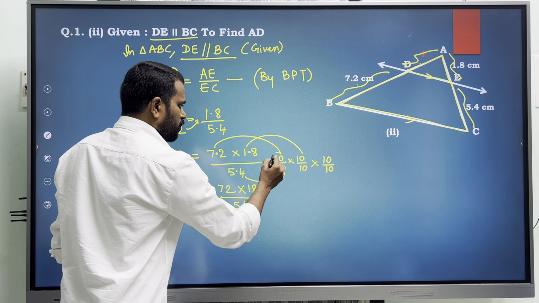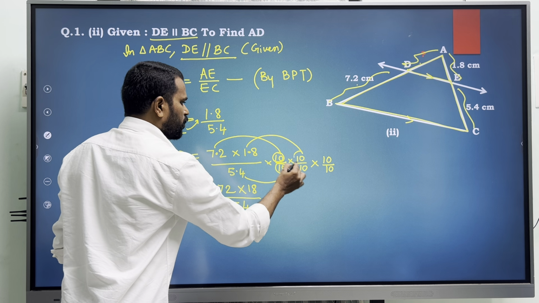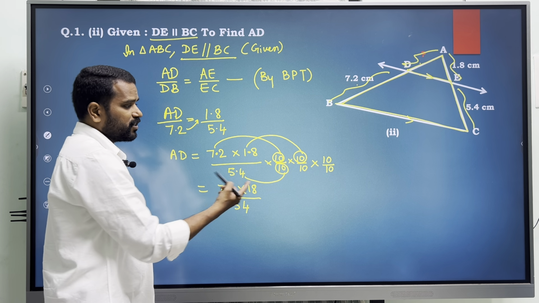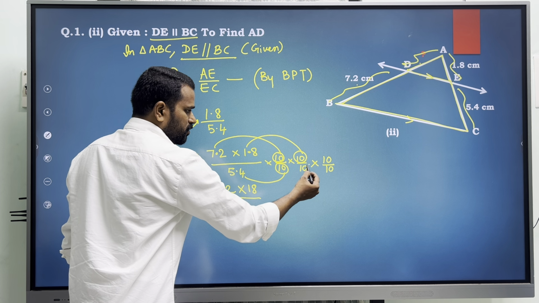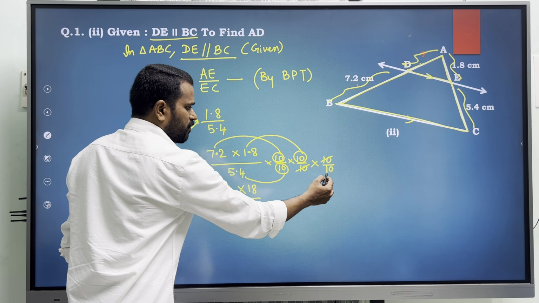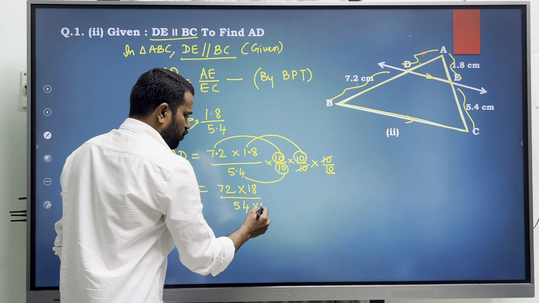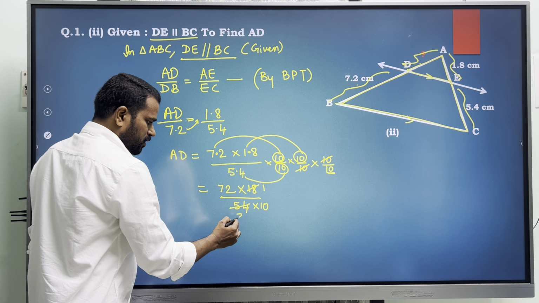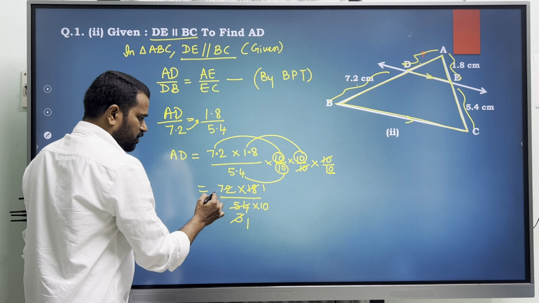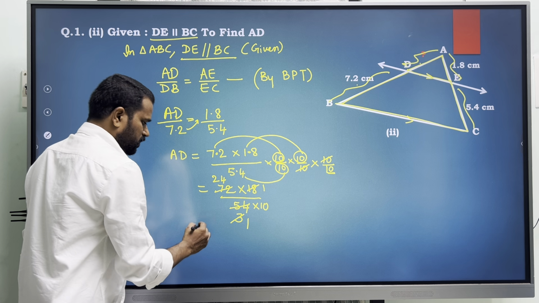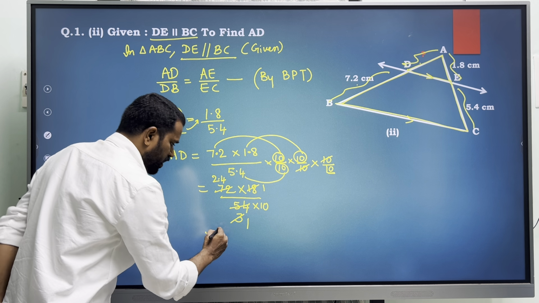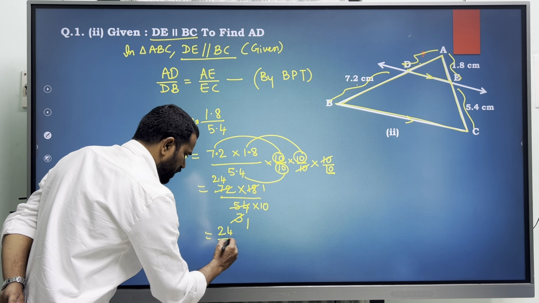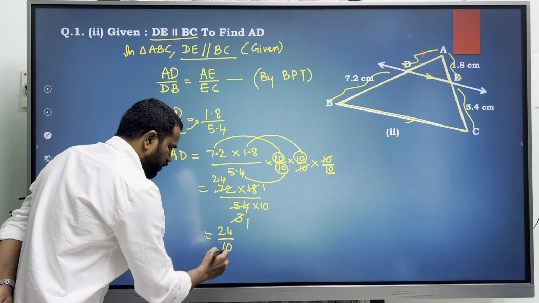These tens we have used. The 10 that is not used gets cancelled and one 10 is left. So 54 into 10. 18 ones are 18, 3 sixes are 18, so 24 by 10.